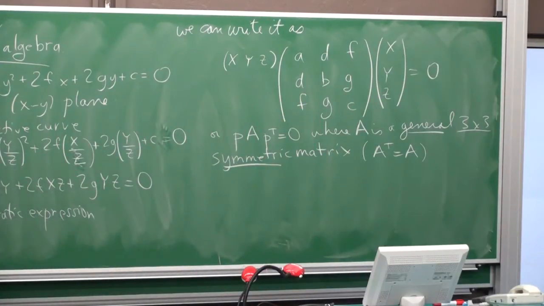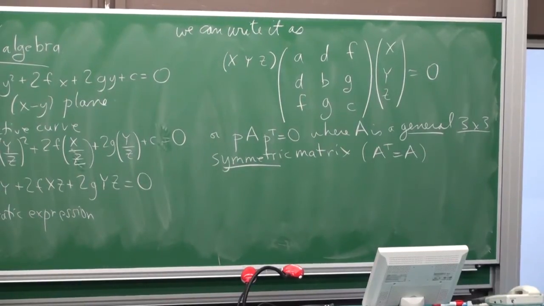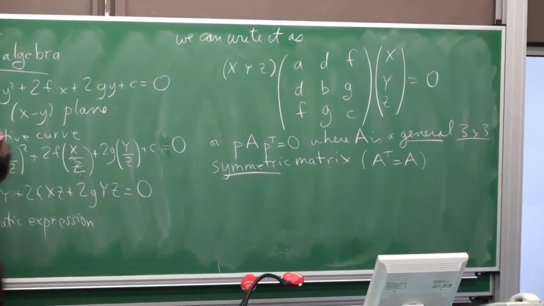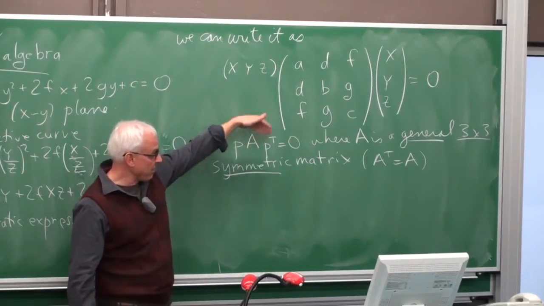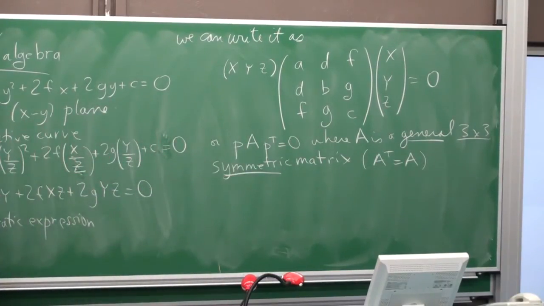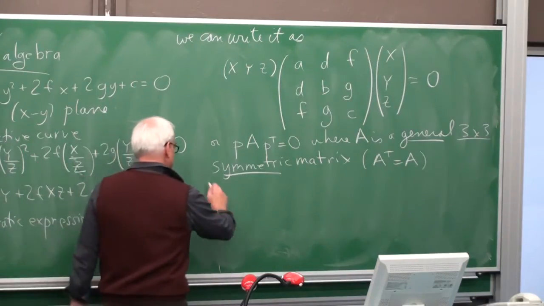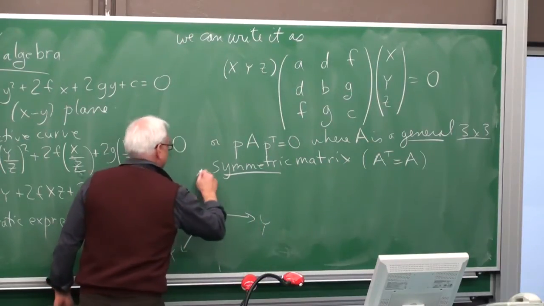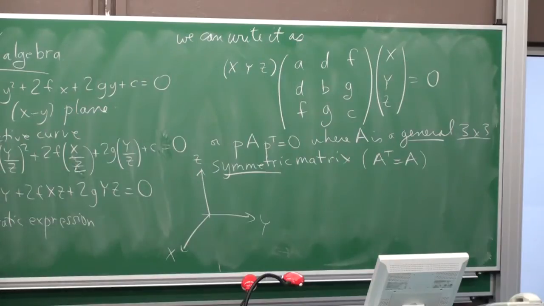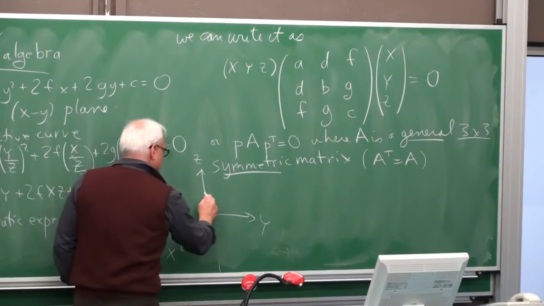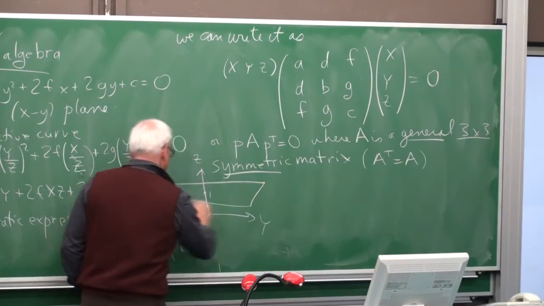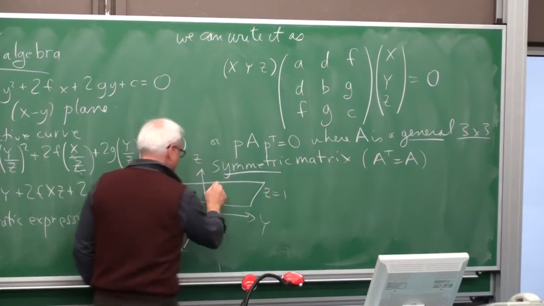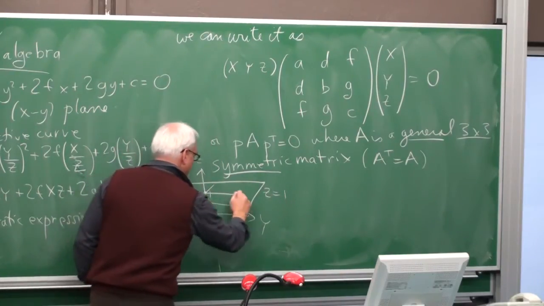This is interesting: now the general conic has been reformulated to be associated with a general symmetric 3 by 3 matrix. The picture that we have is that we're working in capital X, capital Y, capital Z space. The Z equals 1 plane is our standard viewing plane with little x and little y coordinates.